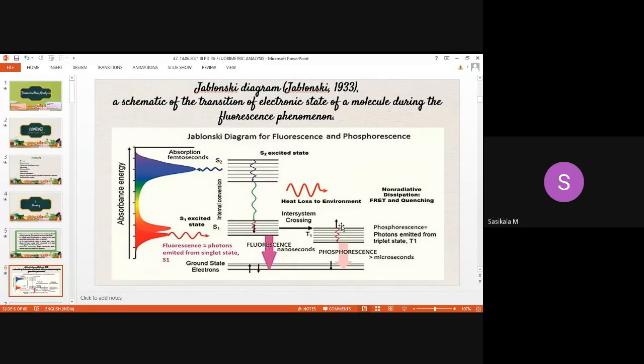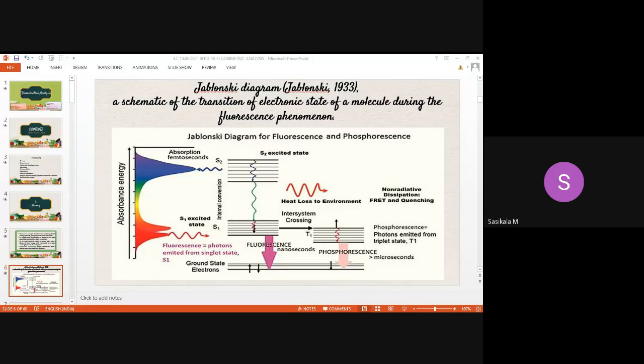In the triplet state the spin is changed, and the electrons are still unpaired. Only in the ground state do they become paired with opposite spin. So the ground state is stable, and the excited states are unstable. Fluorescence is immediate emission of photons, whereas phosphorescence is delayed emission of photons. This is the difference between fluorescence and phosphorescence.